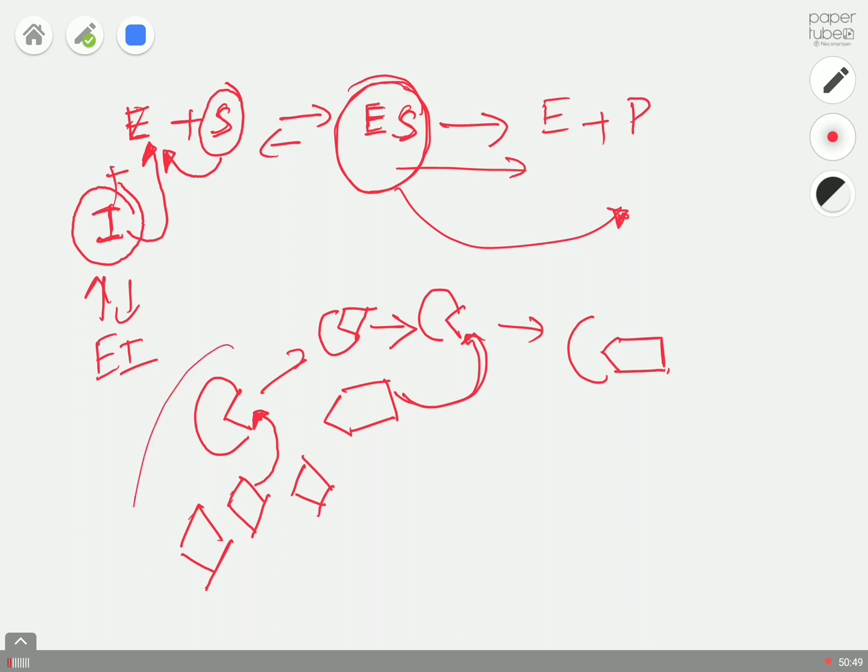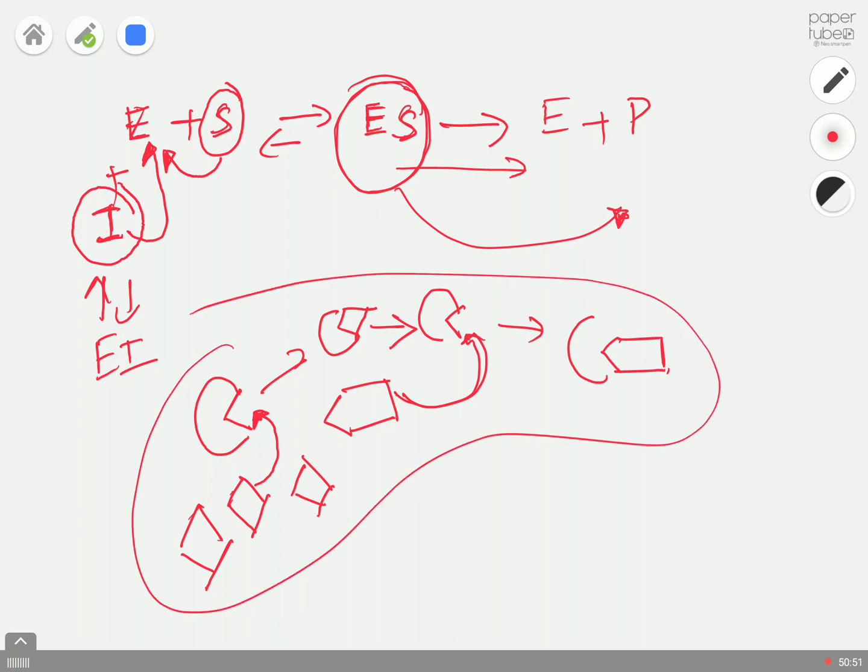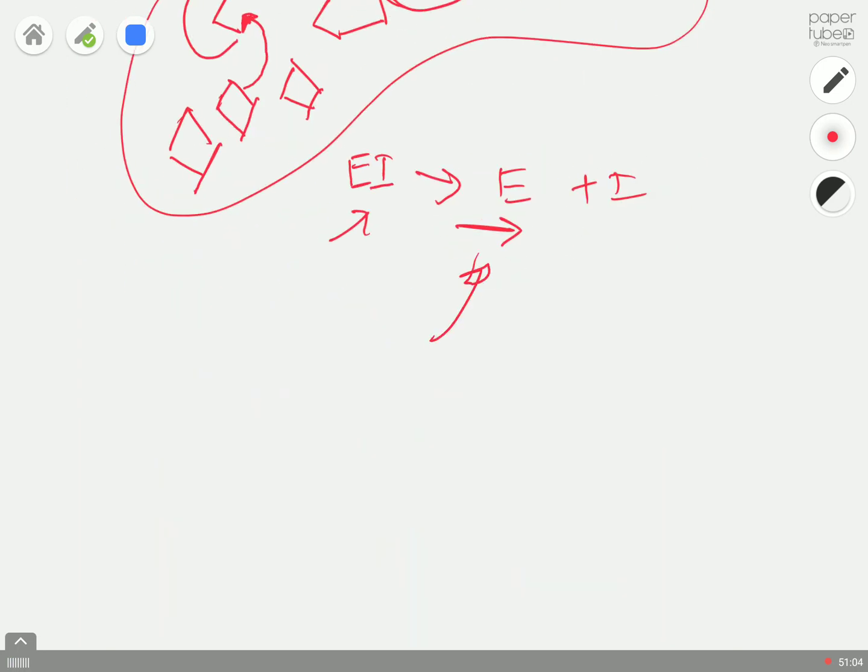But in this whole process, you are delaying the reaction. The enzyme inhibitor complex takes some time, then it disintegrates into enzyme plus inhibitor, which takes some time, and then your substrate may attach to your enzyme. Then you may get the enzyme substrate complex, which should eventually get converted into products plus your enzyme. So something is getting delayed due to the action of your inhibitor.